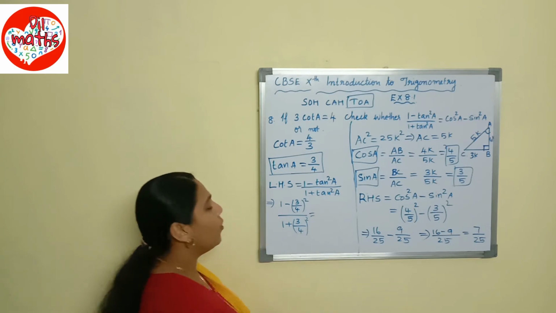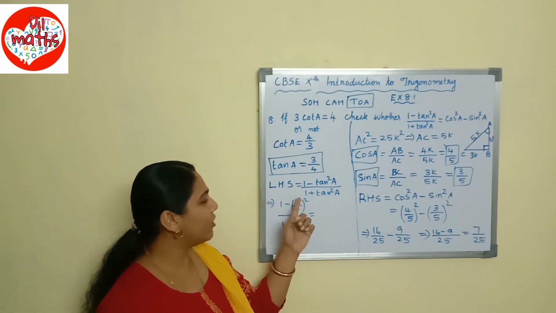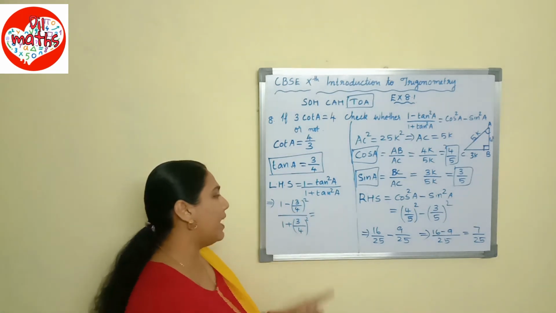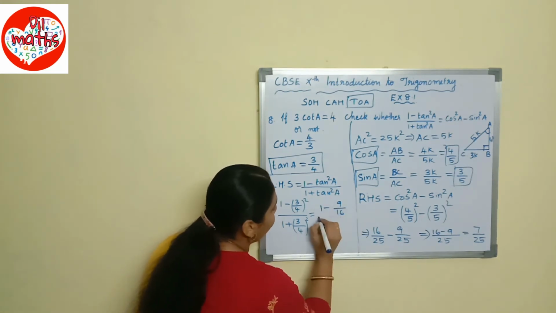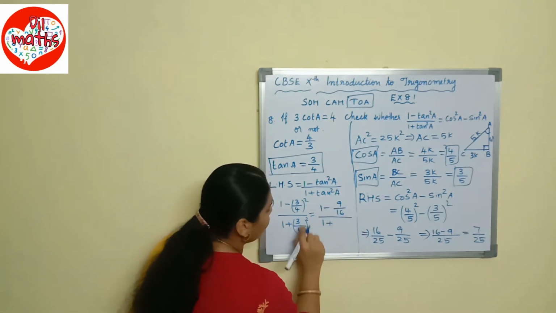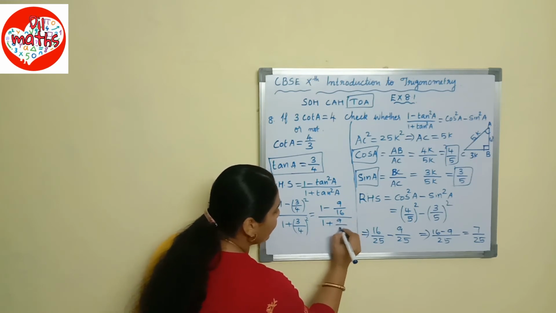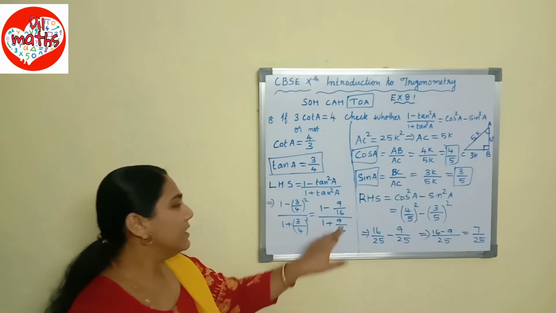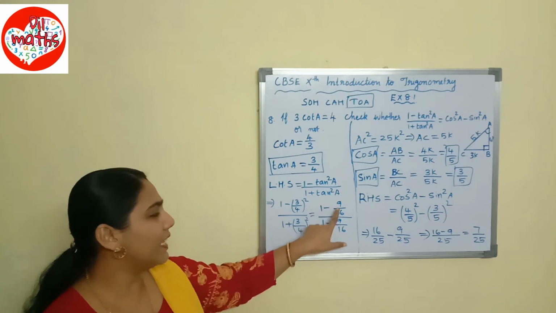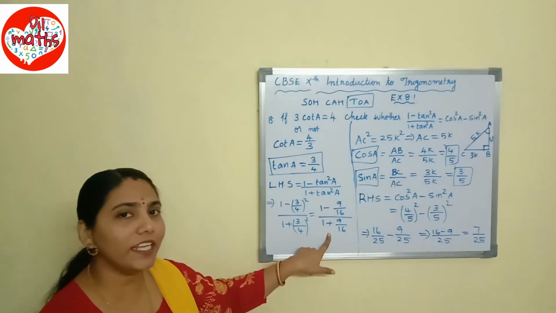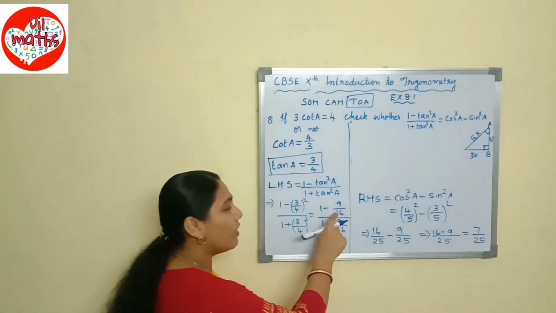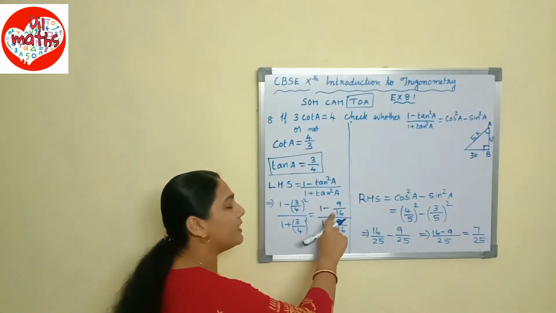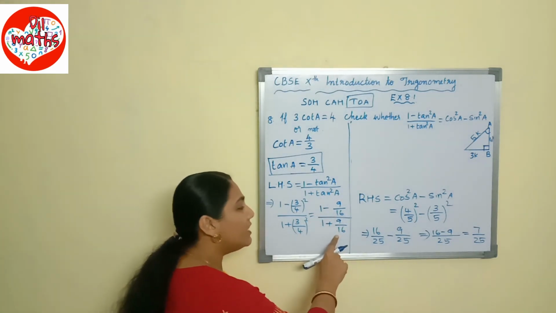Okay. So what is 3 by 4 the whole square? 9 by 16. So 1 minus 9 by 16 in the numerator, and in the denominator 1 plus 9 by 16. So we should take the LCM here. 16 will be the LCM in the numerator and also in the denominator.